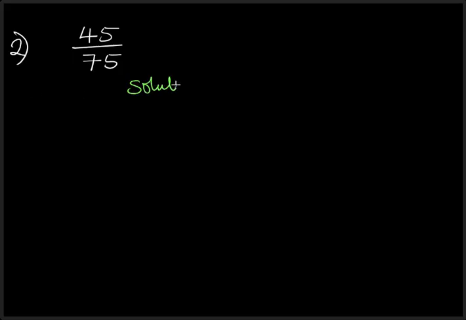45 all over 75. Let's see. 45 all over 75. Since they are ending with 5, 5 can divide the numbers. 5 divides numbers that end with 5 and 0. So 5 into 45 will give us 9.